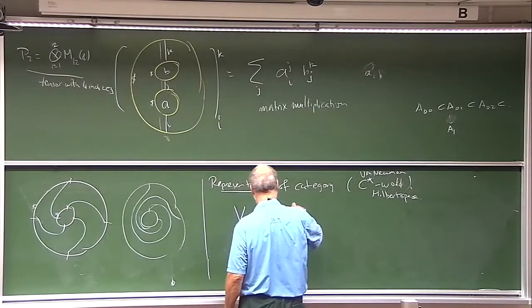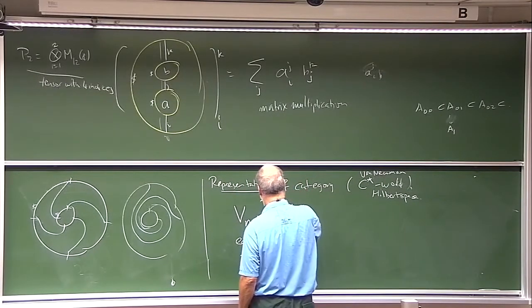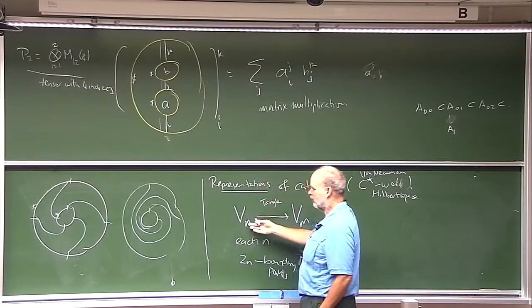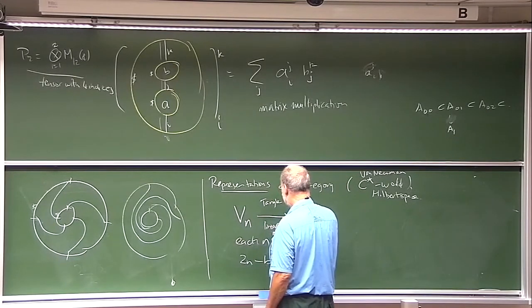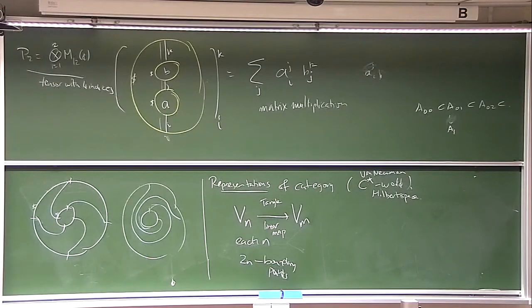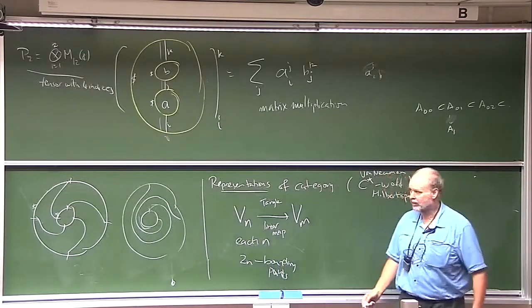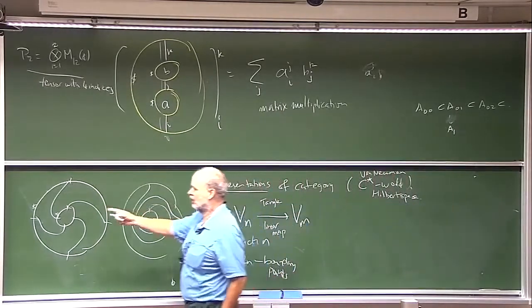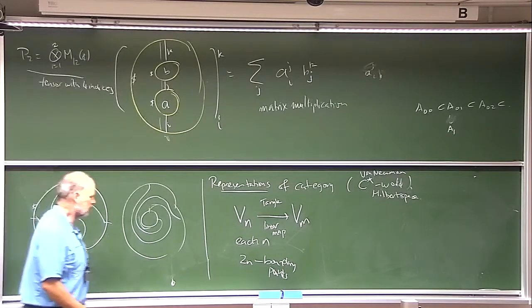And given V_n and V_m and a morphism going from n to m, i.e. a tangle, there has to be a linear map. And these linear maps have to compose according to the composition of the annular tangles. That's the obvious notion of representation of a category, and you see that this factor delta just goes along for the ride because we're talking about vector spaces, so we don't really have to worry about it.